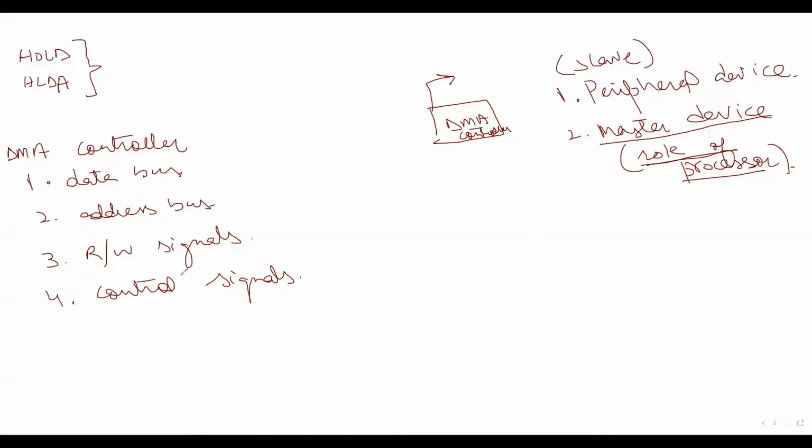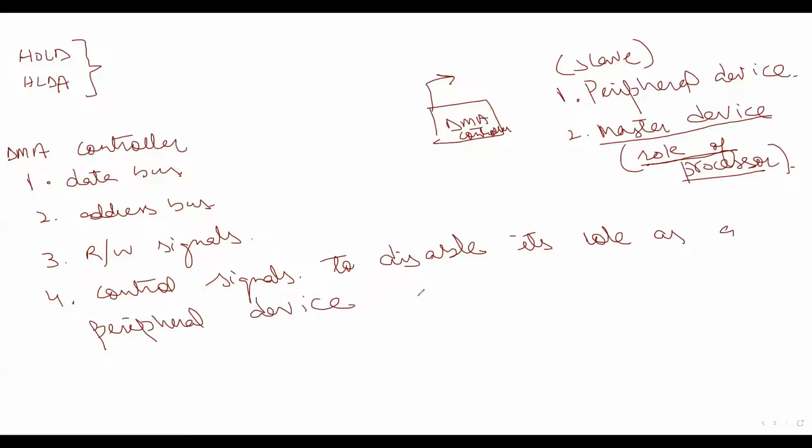So the fourth is that it should have the control signals to disable its role as a peripheral device and to enable its role as a processor for data transfer.